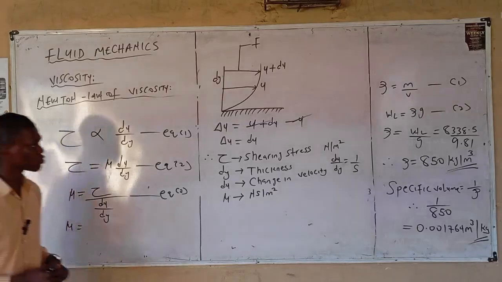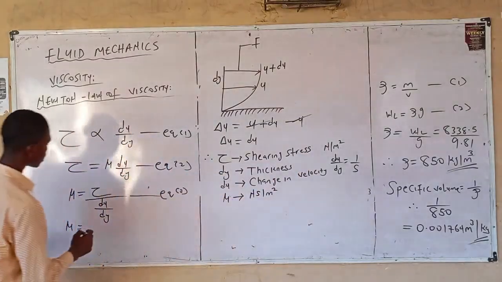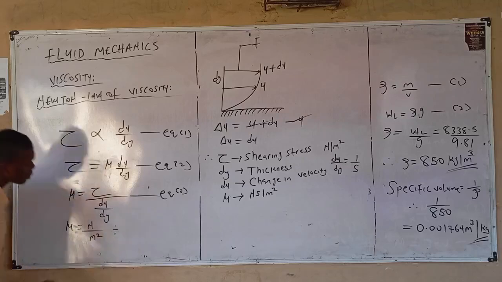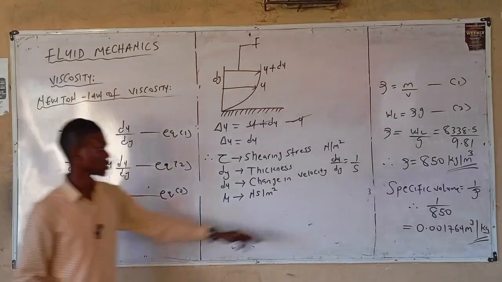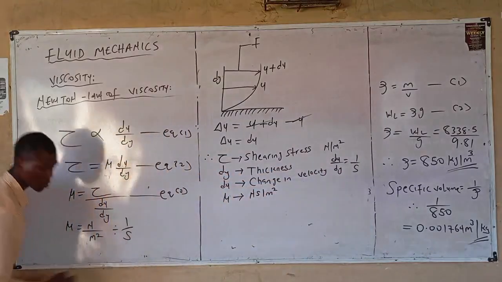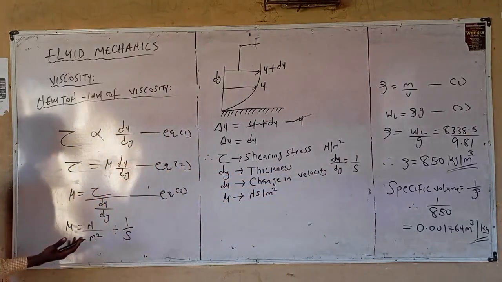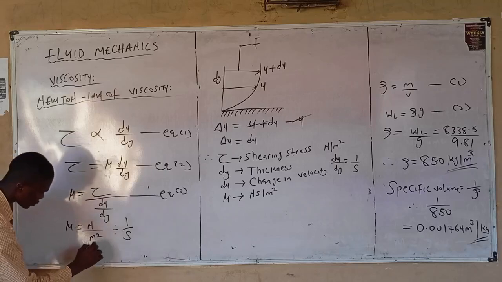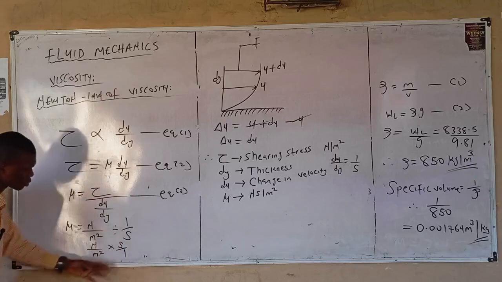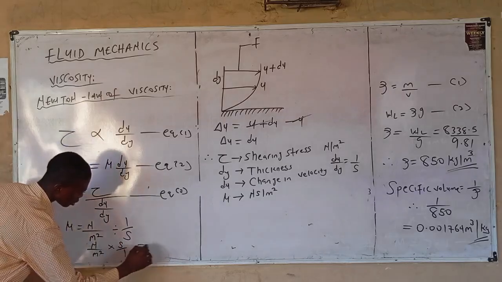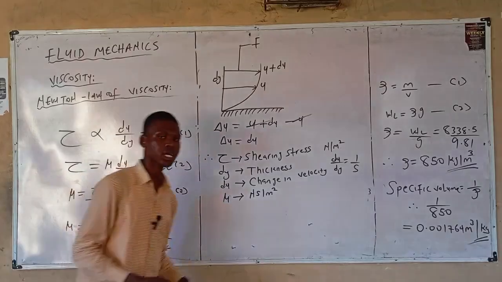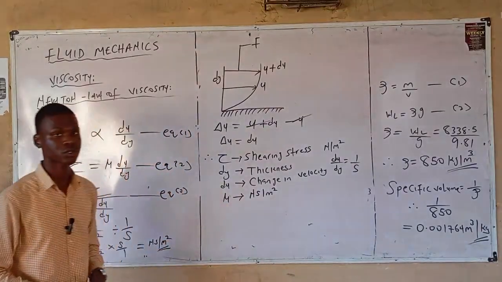What's the unit for shear stress? You have it to be Newton per meter square, right? Newton per meter square divided by your velocity gradient, 1 over seconds. Of course, division will change to multiplication. Then you have Newton per meter square times seconds over 1. Multiply, Newton seconds per meter square. So that's how you derive the unit for dynamic viscosity.